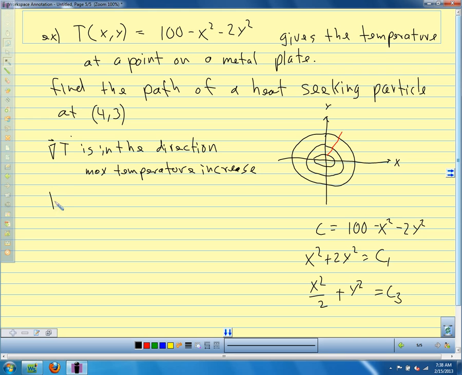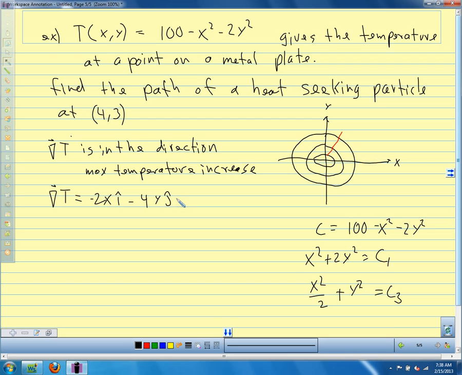So del T, the gradient of our temperature, is going to be minus 2x i minus 4y j. So that gives us something to work with.